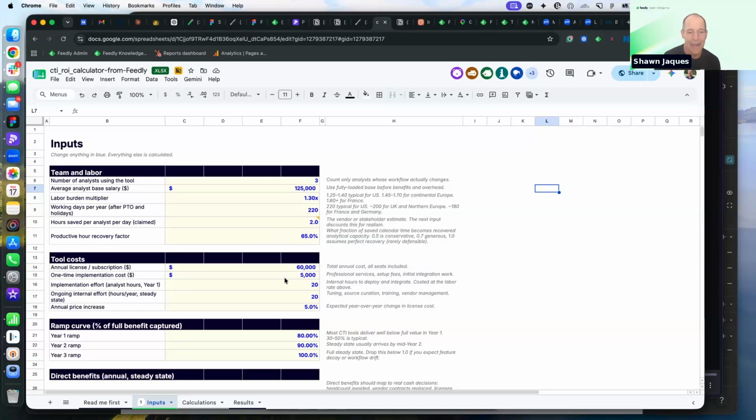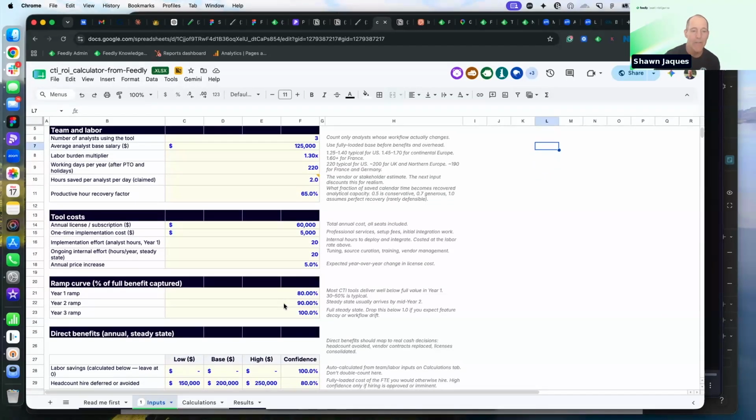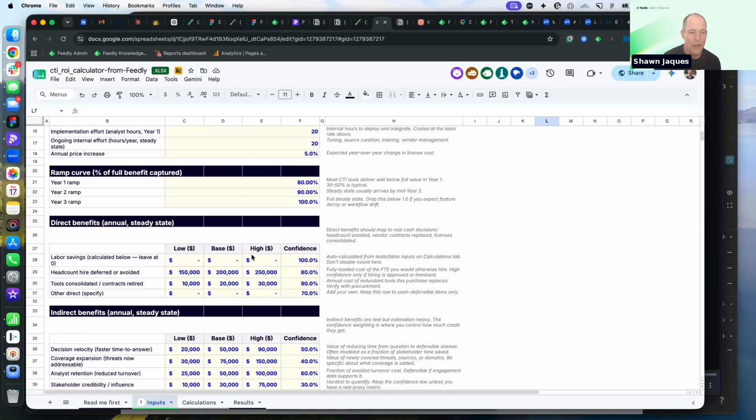And then the costs include licensing, implementation, the effort you have, and whether there are going to be price increases every year that you have to think about. And how long does it take you to get productive, so you can ramp that up. Maybe you think you can be 100% productive in a couple of months, but that will vary. So those are direct benefits, but it also lets you enter different base cases, high or low, and confidence levels.